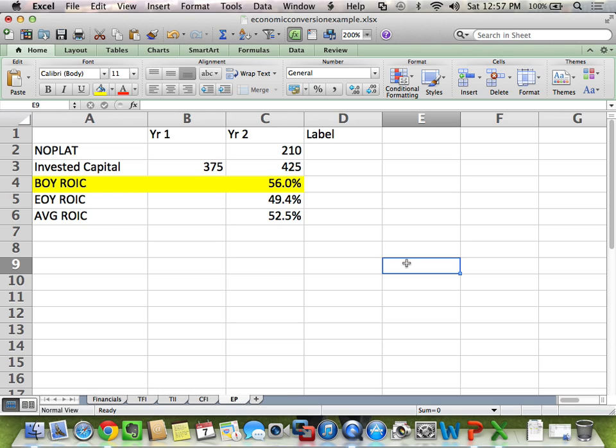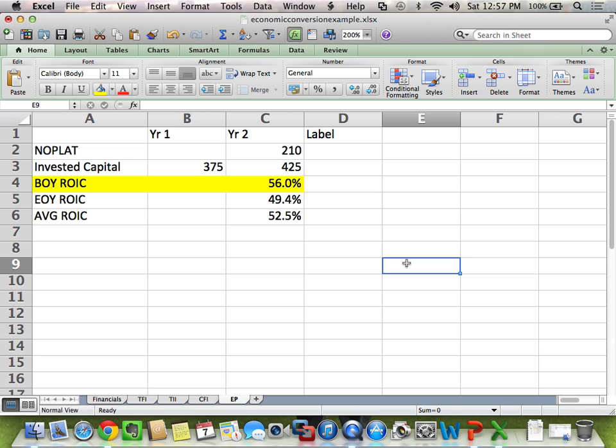That's the Home Depot example. And subtly, McKinsey used beginning of year invested capital. If we use a return on average capital, or a return on invested capital based on end of year capital, we get valuations which are close, but don't exactly match. They'll be a few dollars off.